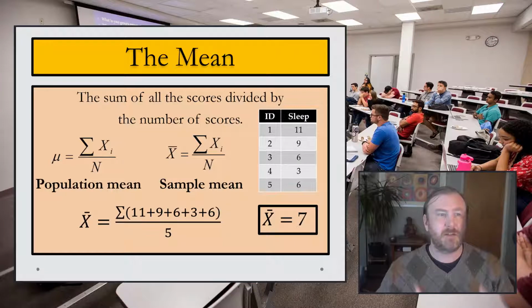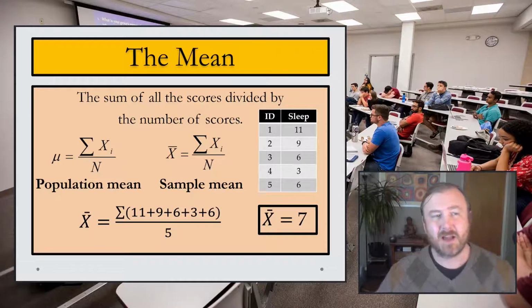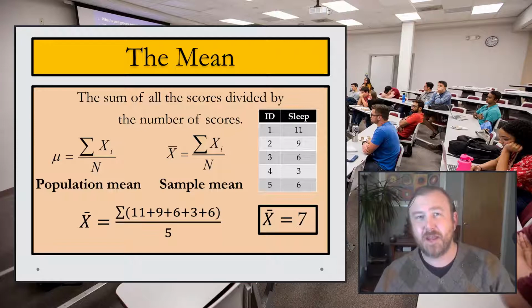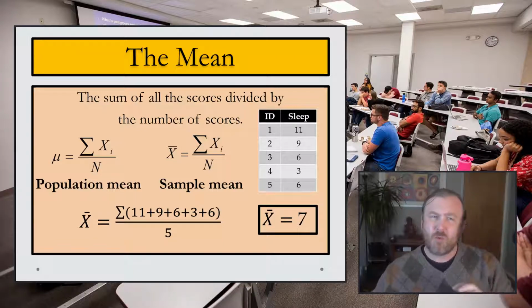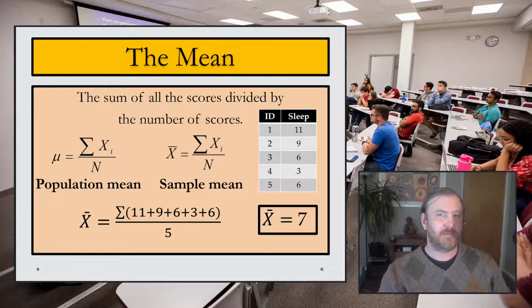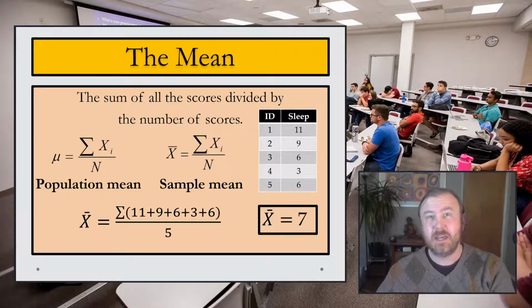Computing a mean is the same for a population as it is for a sample. There is no mathematical difference. But it is important to recognize that the population mean represents something conceptually different from a sample mean, even though the underlying math behind it is the same.